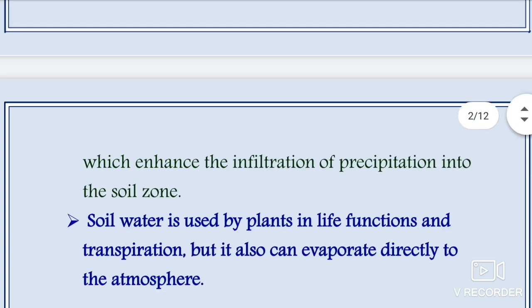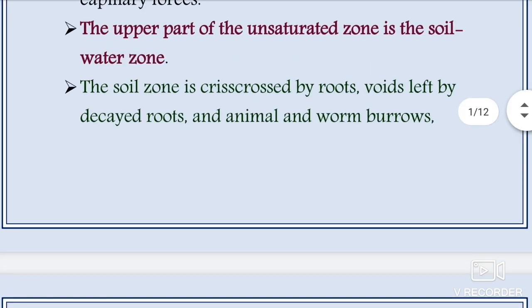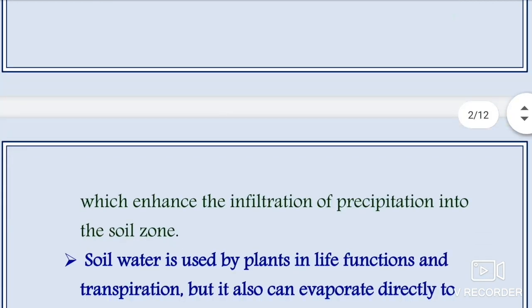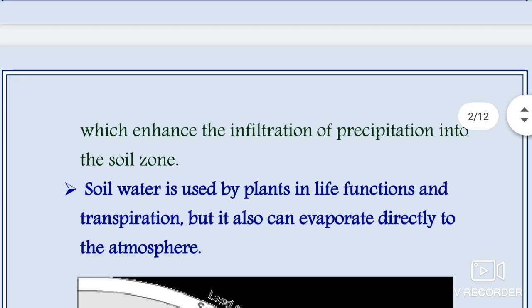Soil water is used by the plants in life functions and transpiration, but it can also evaporate directly to the atmosphere through the process of evaporation.